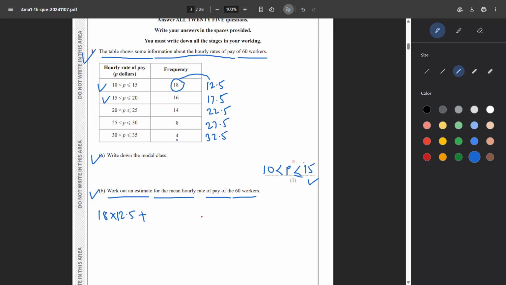The second frequency is 16, so 16 times 17.5 plus 14 times 22.5 plus 8 times 27.5 plus 4 times 32.5. What I've done here is multiply all frequencies with midvalues. You have to show the working of every step. After simplifying this in the calculator, the final answer will be 1170.